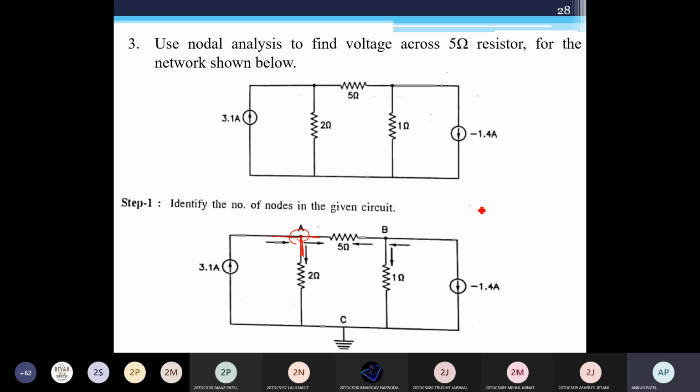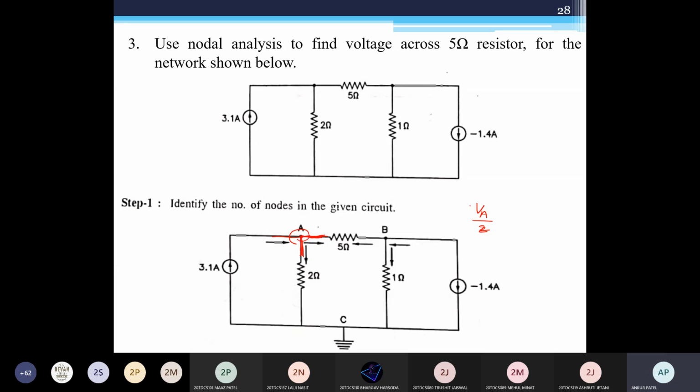According to V by R, VA by 2. Are you getting me? Yes. A is connected to this also.